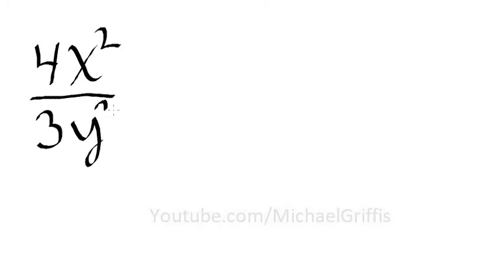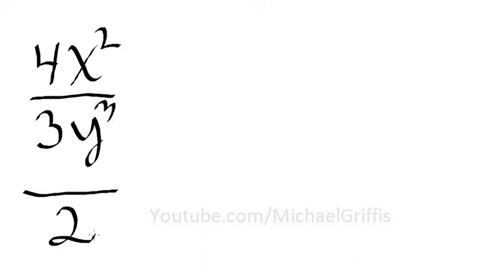Like I said, this section is just like the section on multiplying and dividing rational expressions. So we have 4x squared over 3y cubed, and that's all over 2.